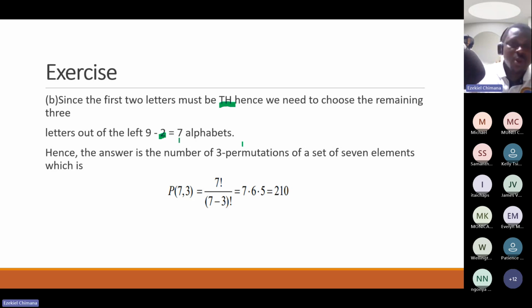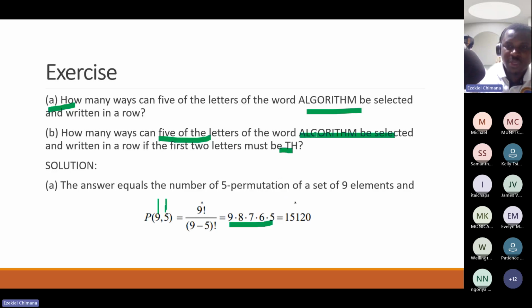How is this possible? We know the position of TH from the word algorithm. It's going to be at the first. So we are not going to arrange TH. We are going to arrange the remaining. So you remove TH from algorithm, and then you arrange only the rest.